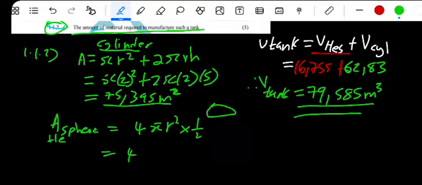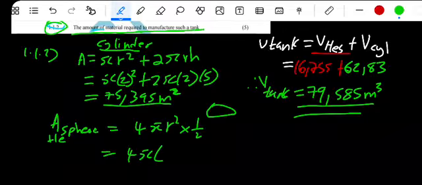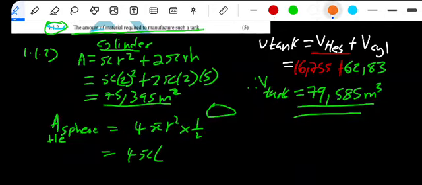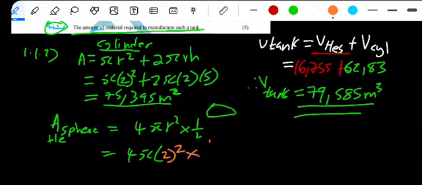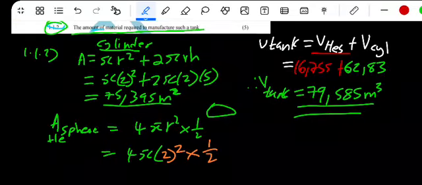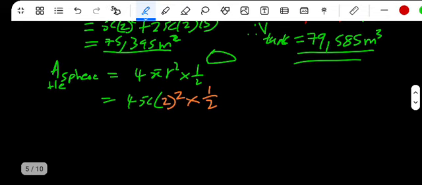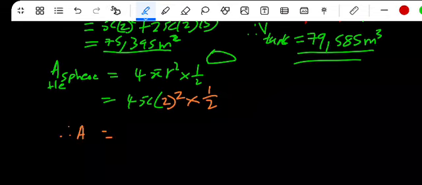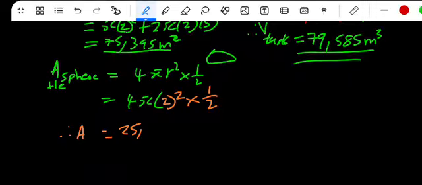So we have 4 pi, the radius you have seen is 2 squared, multiplied by 1 over 2. Then punching it in, the value will be 25.133 meters squared.